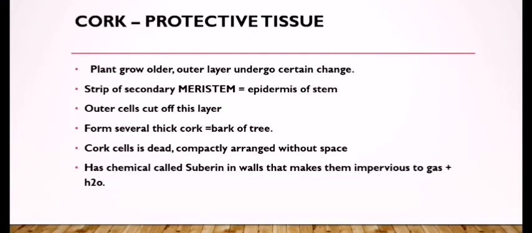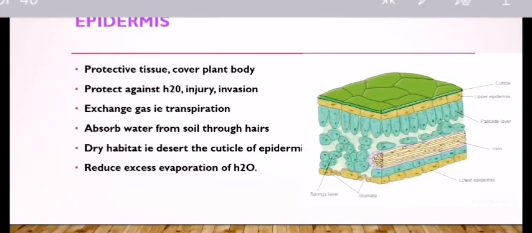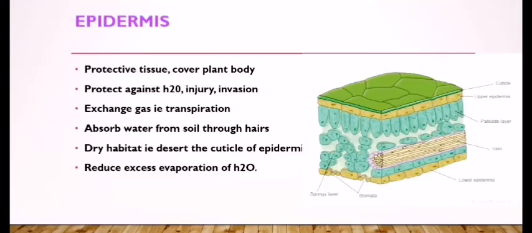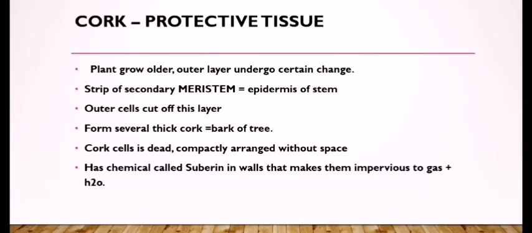Now we will see the other topic, that is cork. Cork is also a protective tissue. We can see that epidermis is also a protective tissue covering the plant body, and cork is also called a protective tissue.